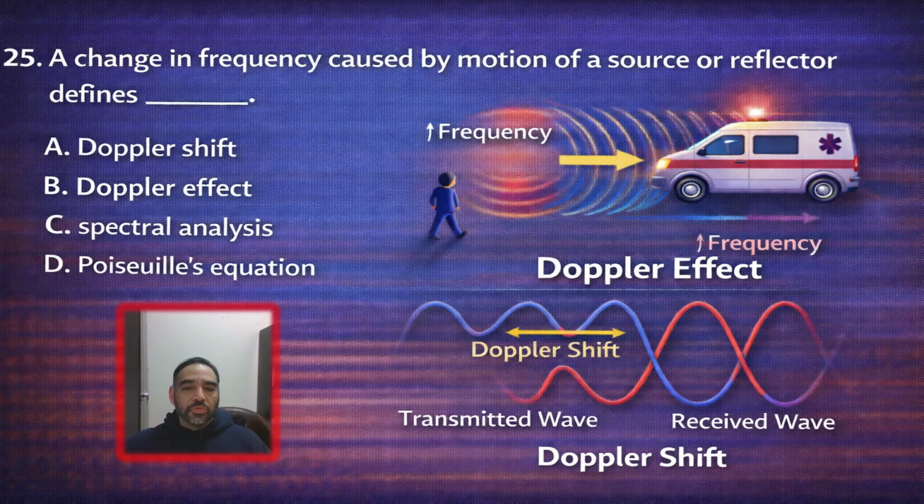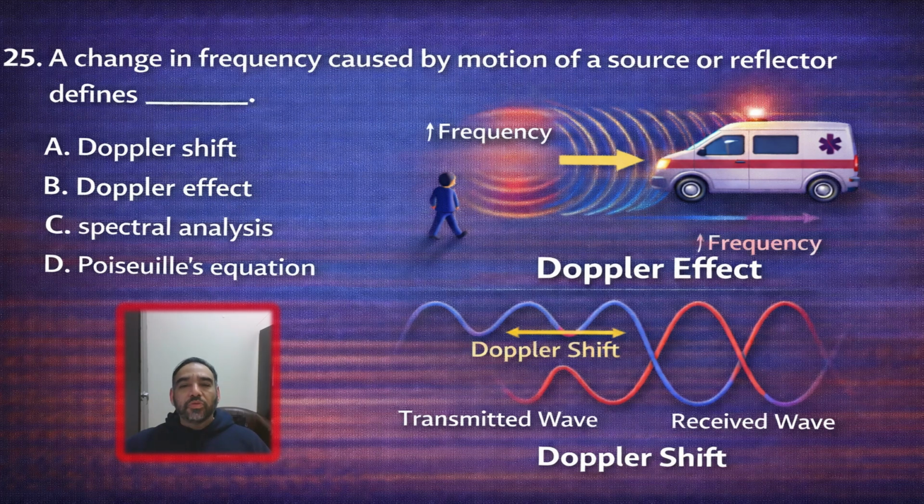And why are the other ones wrong? C says spectral analysis. Spectral analysis is the display of the Doppler frequencies over time, the waveform that you see on the screen. It analyzes the Doppler shift. It does not define the frequency change phenomenon itself.